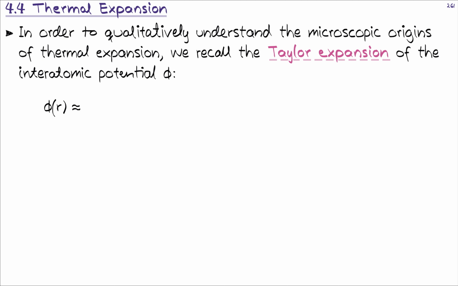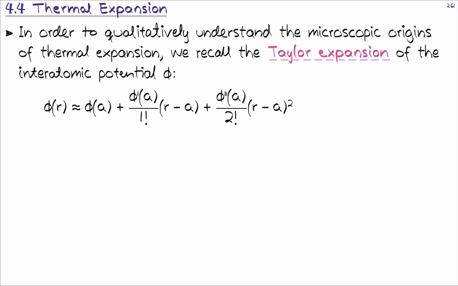So the functional form of an interatomic potential is roughly that we have the phi value at the equilibrium position A, and then we take the first derivative times r minus A, and then we have the second derivative, so basically the curvature of the potential now matters, and then we have the higher order terms.